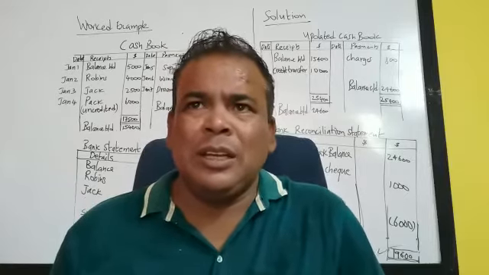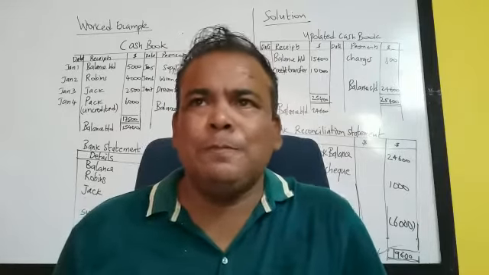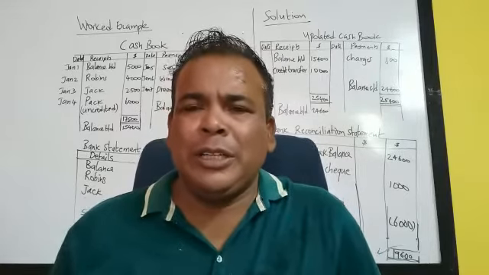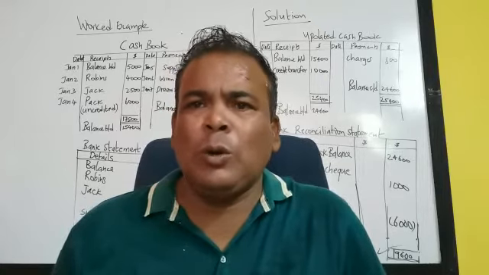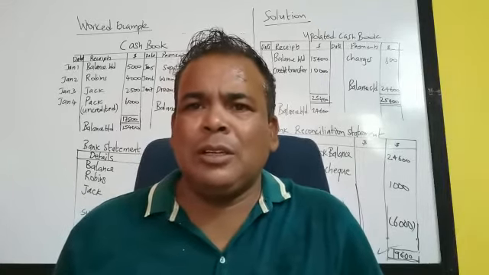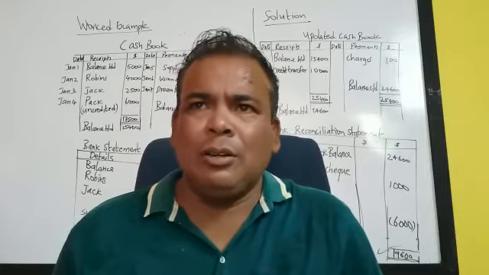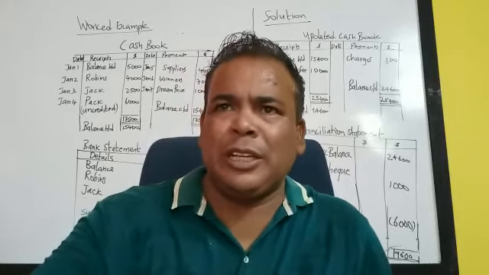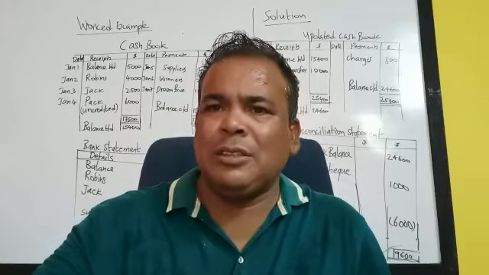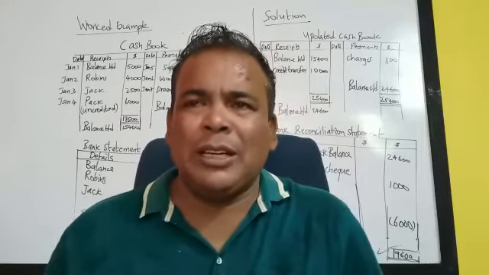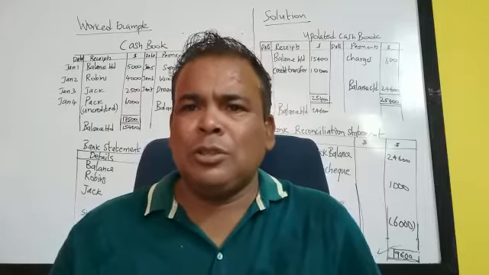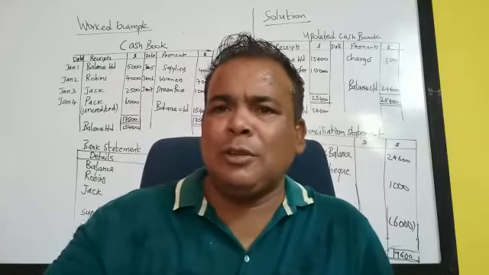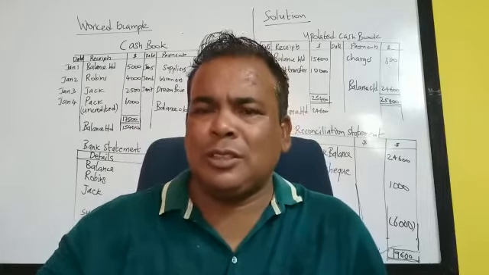Once this exercise is completed, then you prepare your updated cash book, which will record all the missing items in the original cash book. So we prepare the updated cash book, and then we balance it, and then we prepare the bank reconciliation statement to explain the difference between these two balances.